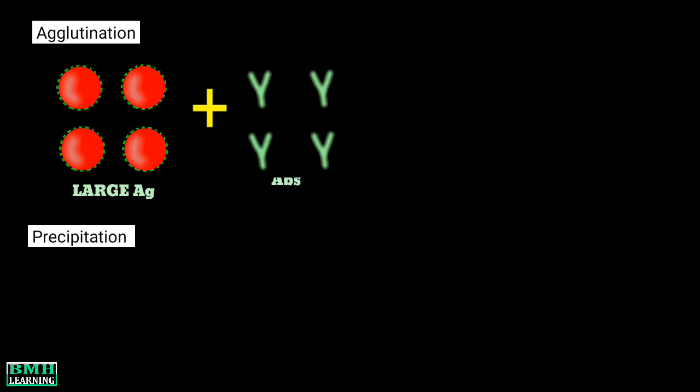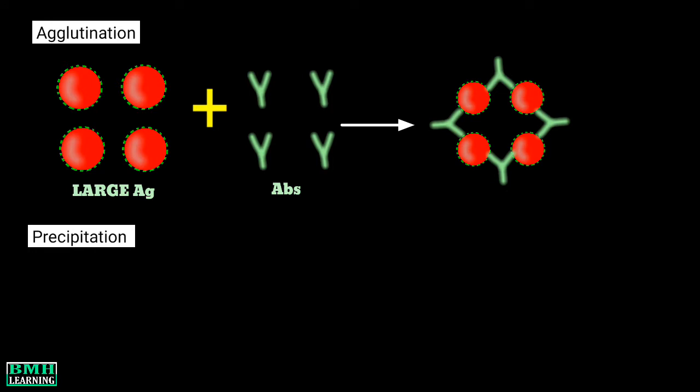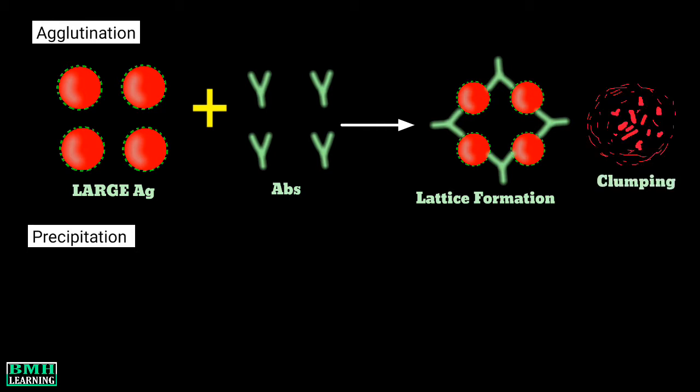and precipitation. We know the RBCs are large and particulate antigens. So, when these large antigens are mixed with their specific antibodies, what would you observe? These antibodies will bind to the RBCs. The binding we are seeing here is in a specific pattern called lattice, and this reaction is actually visualized in the form of clumping.